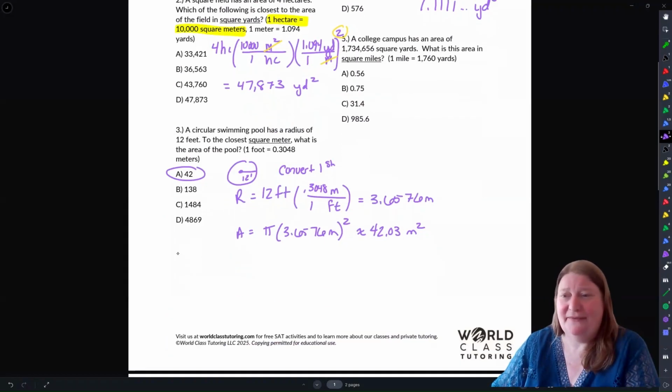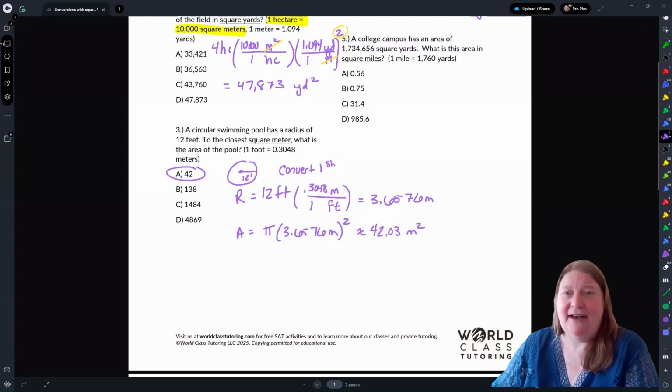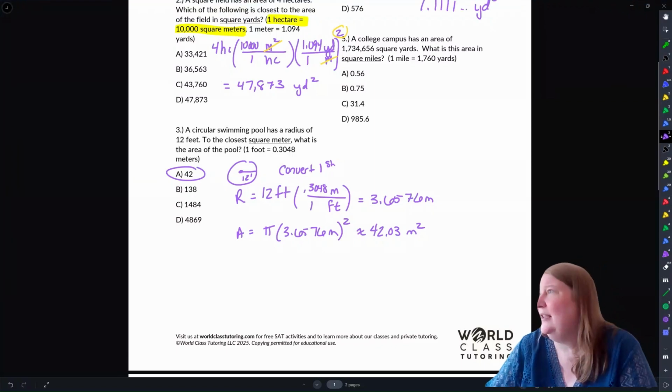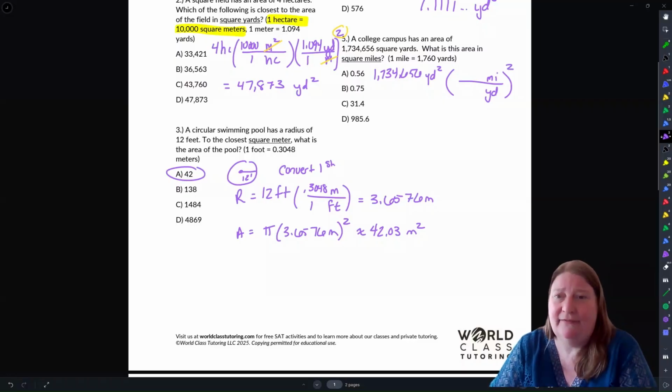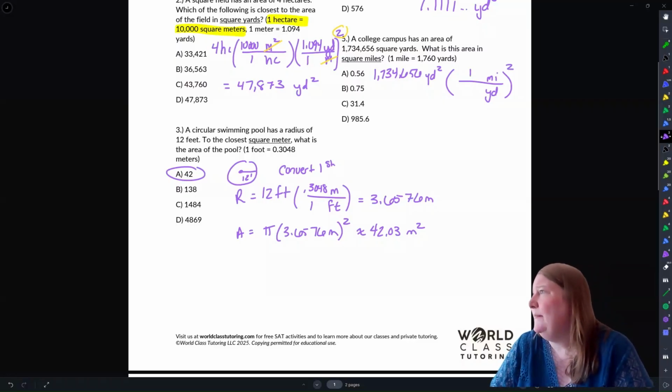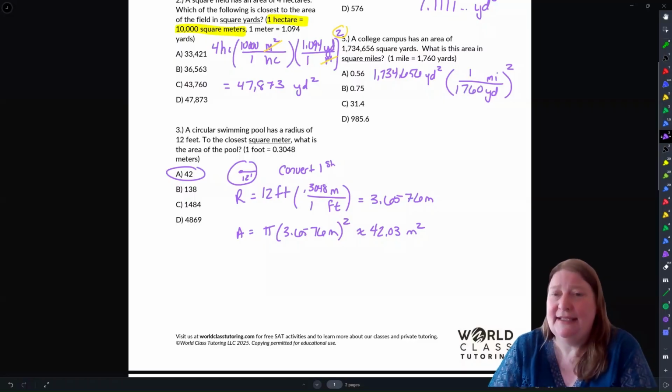And finally, for number 5, we have a college campus that has 1,734,656 square yards. We want to change that to square miles. Our conversion factor is yards to miles, so we're going to make sure to square that conversion factor. 1 mile is equal to 1760 yards, so I'm going to divide this number by 1760 squared.